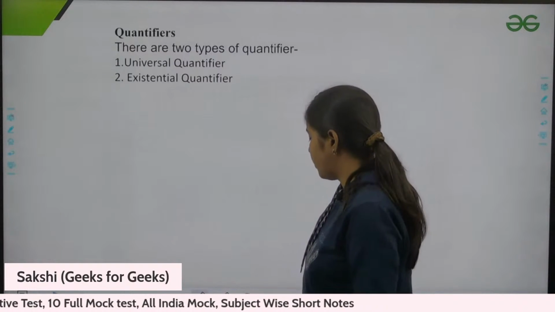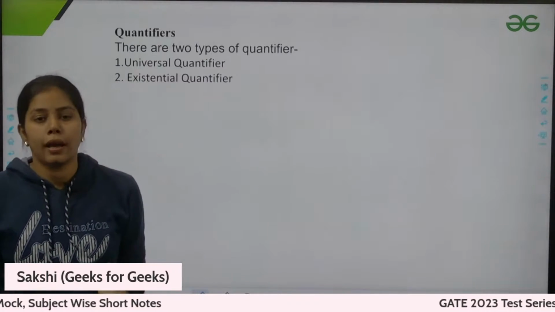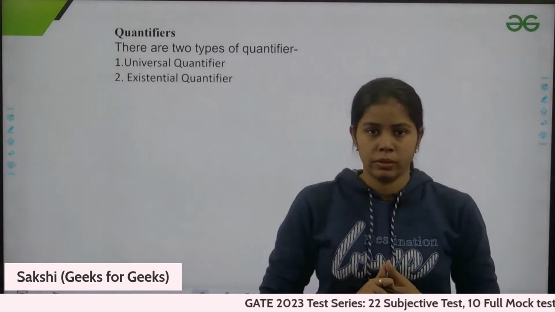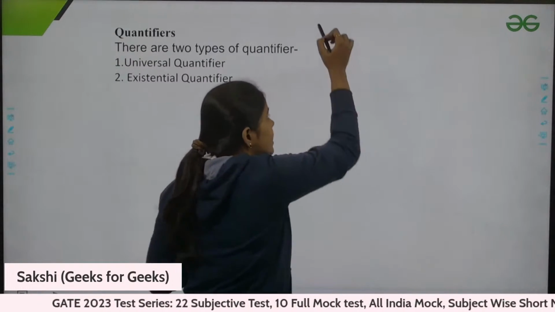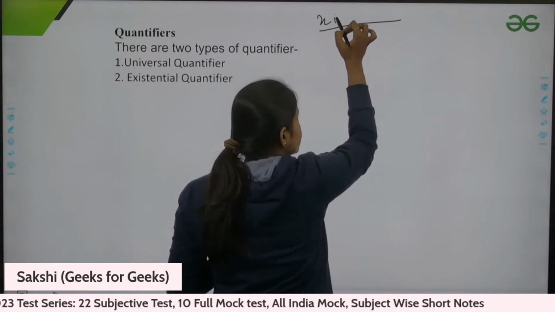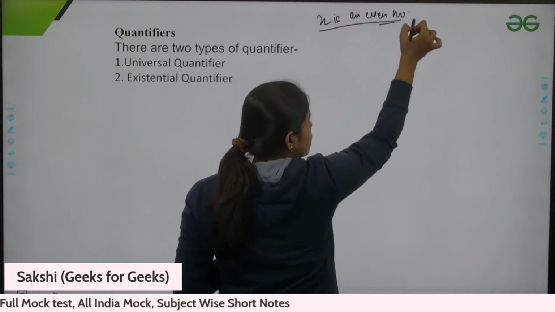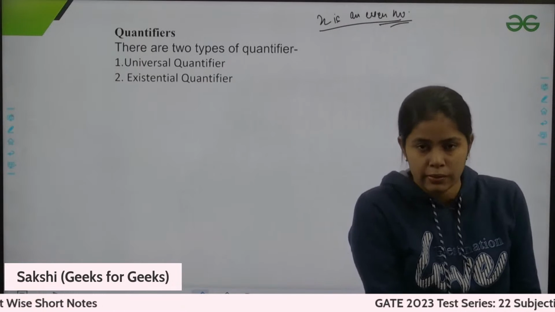Okay, so the important thing is that we have to specify the truth value for those predicates also, right? At the end we have to specify the truth value, otherwise "x is an even number" does not help me in solving a question if I cannot assign any truth value to the statement, right?